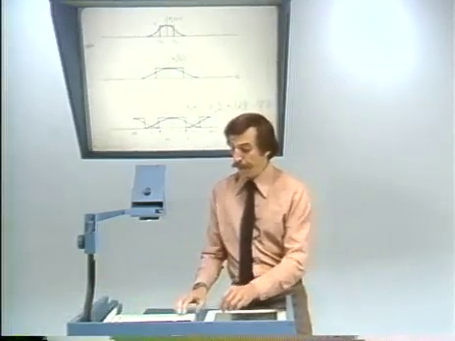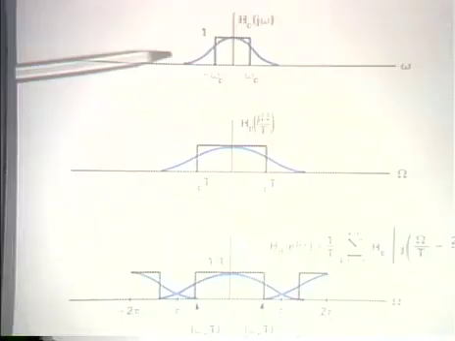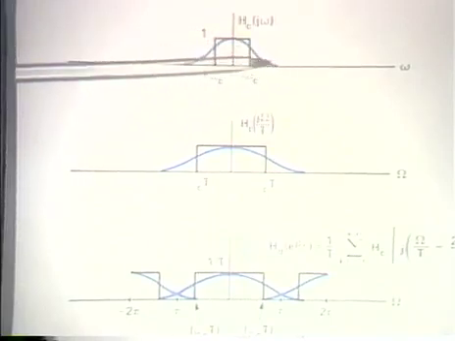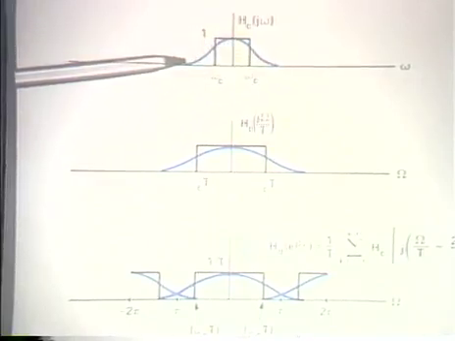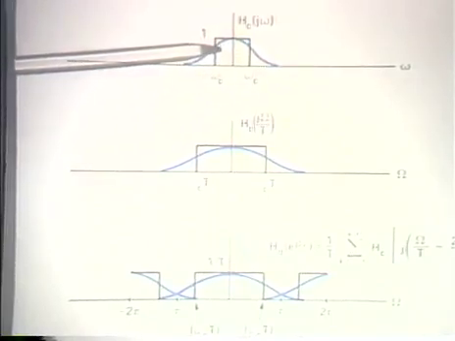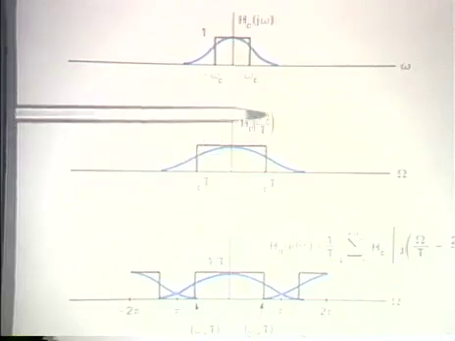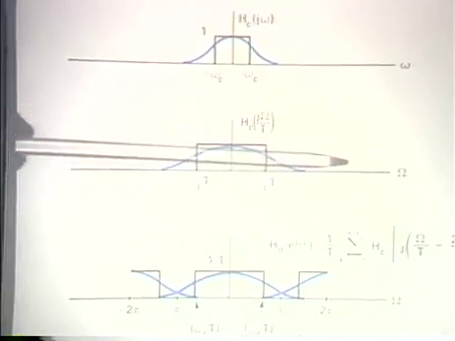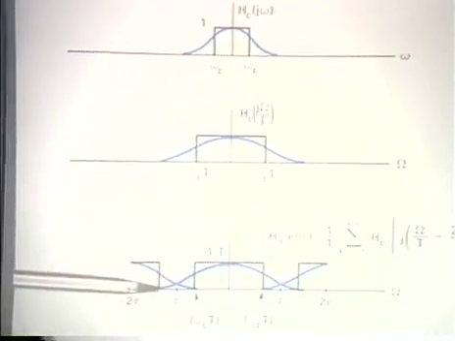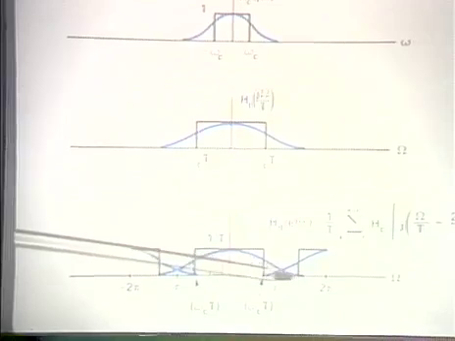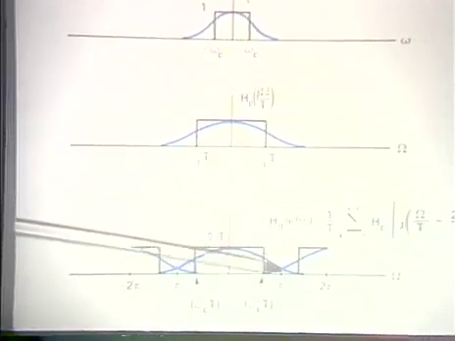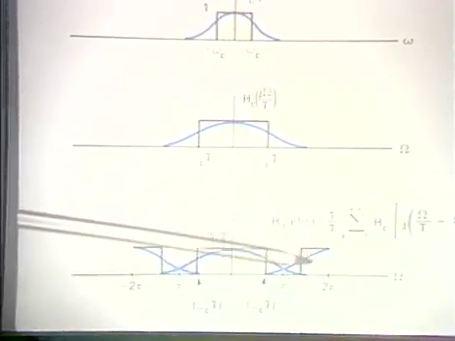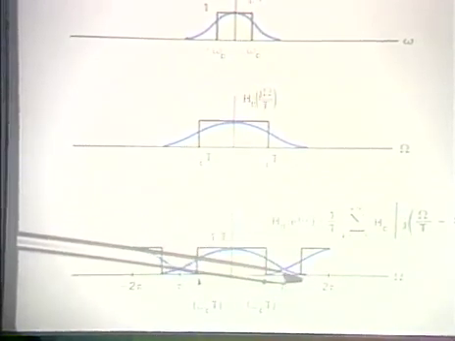So in fact, if instead of the ideal low-pass filter, we had taken a filter that was an approximation to a low-pass filter, then the corresponding frequency scaled version would look as I've shown here. And now as we add these together, we will have some potential for distortion corresponding to the fact that these replications overlap, and what that will lead to is aliasing.